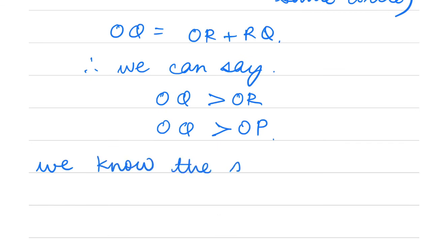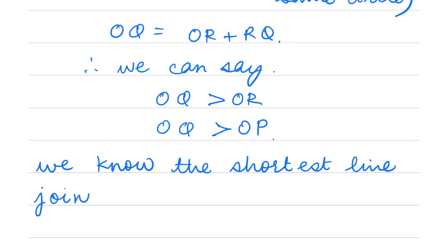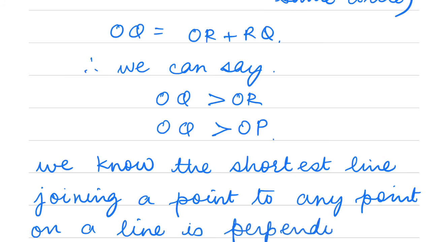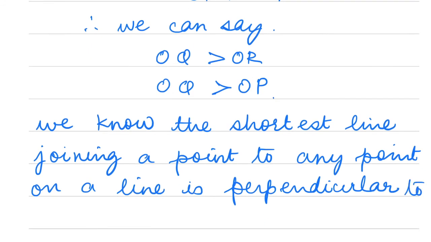the shortest line joining a point to any point on a line is perpendicular to that line.